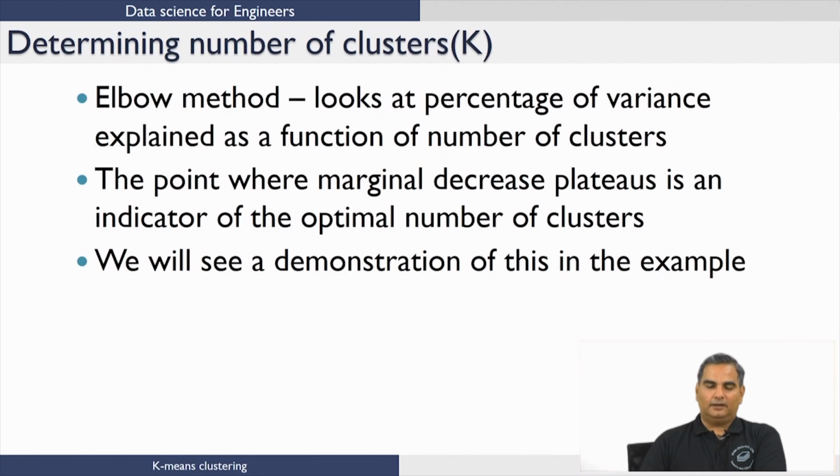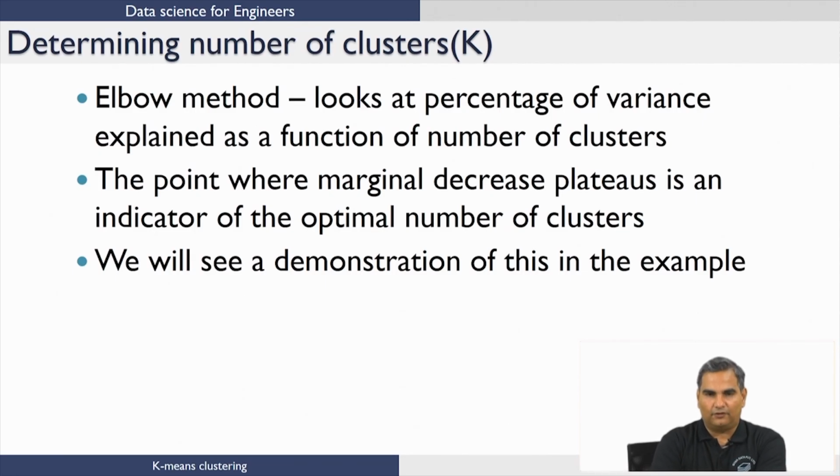Now, we kept talking about finding the number of clusters. Till now I said you let the algorithm know how many clusters you want to look for, but there is something called an elbow method, where you look at the results of the clustering for different numbers of clusters and use a graph to find out what is an optimum number of clusters. So, this is called an elbow method, and you will see a demonstration of this in an example.